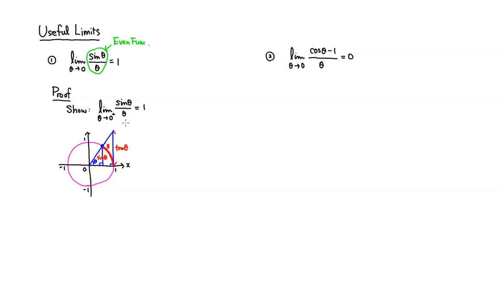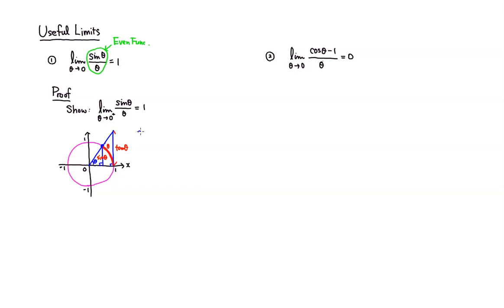Then you can see that if you can accept the ordering, sine of theta is shorter than theta, and theta is shorter than tangent of theta. So we have this inequality.